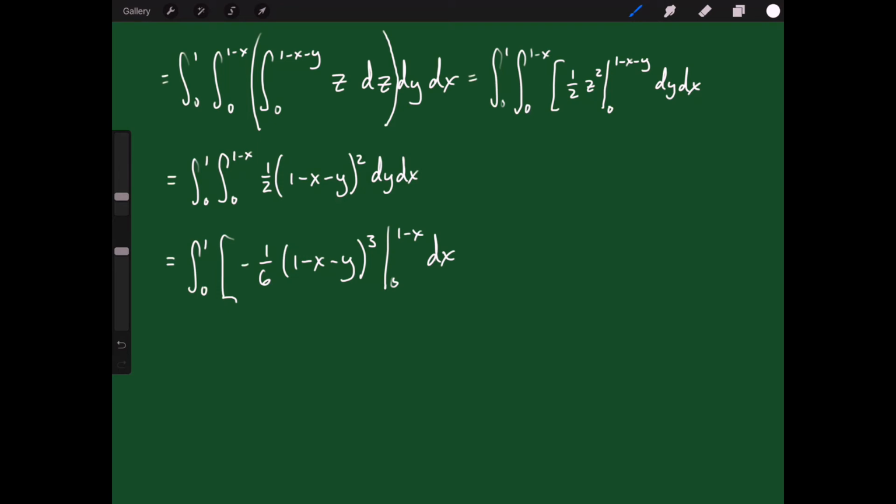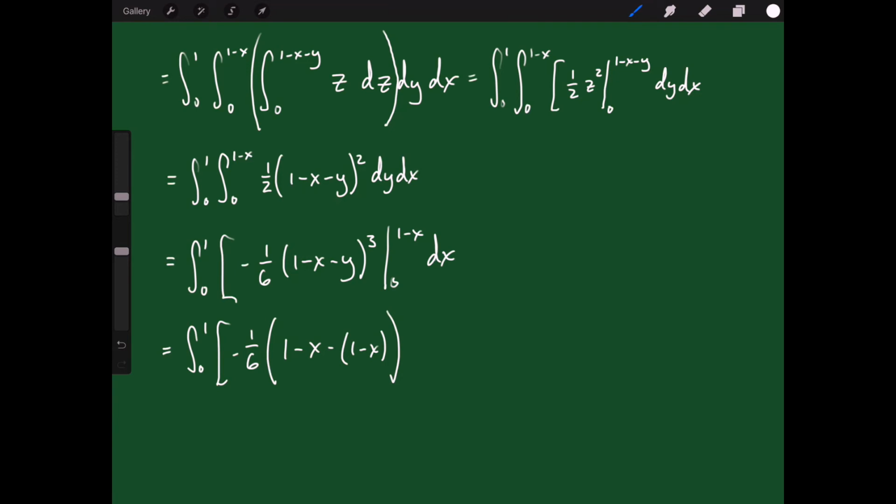And now I want to evaluate it from 0 to 1 minus x. And remember, I'm plugging in for y here. Okay, so I get integral from 0 to 1 of -1/6 times 1 minus x. I'm plugging in for y, so I get -1 minus x. Okay. Minus plugging in 0, right?